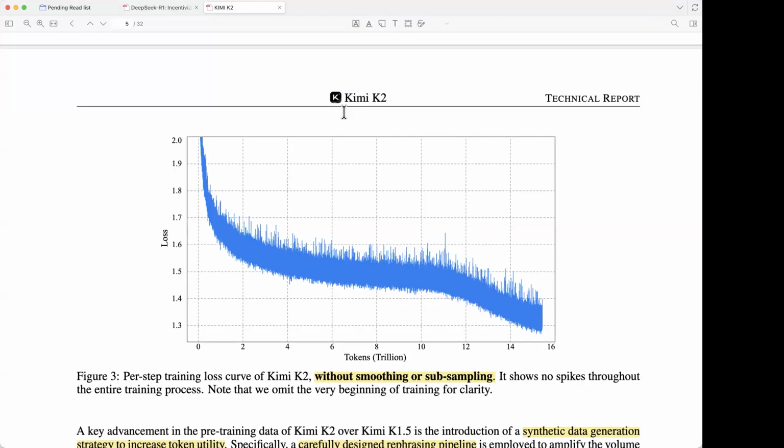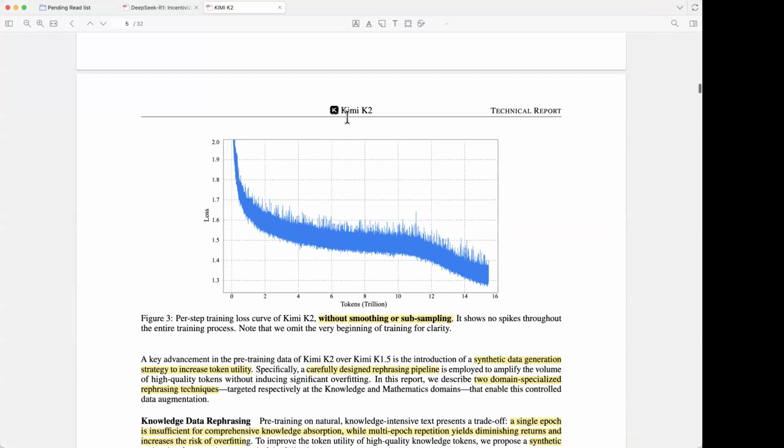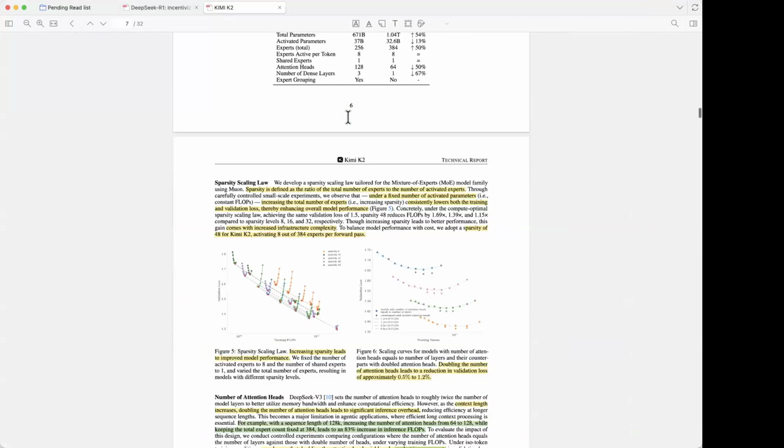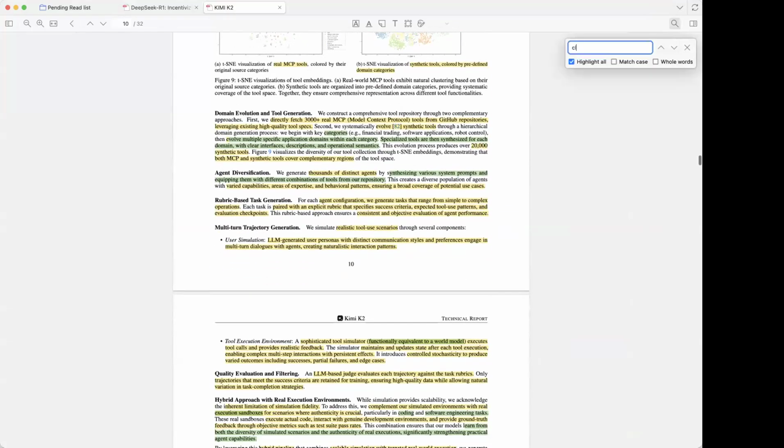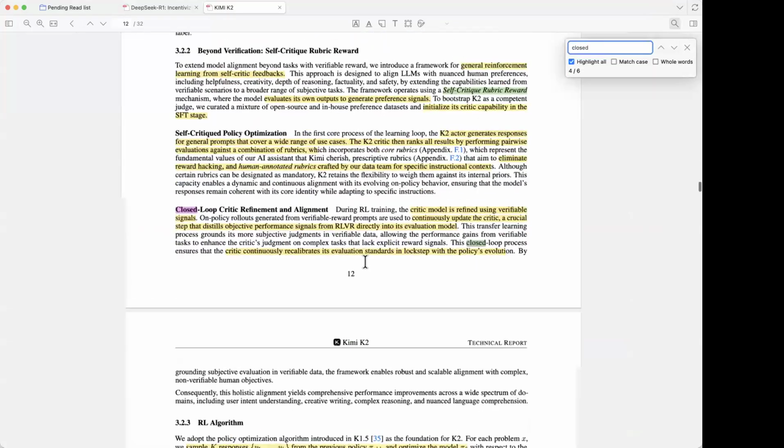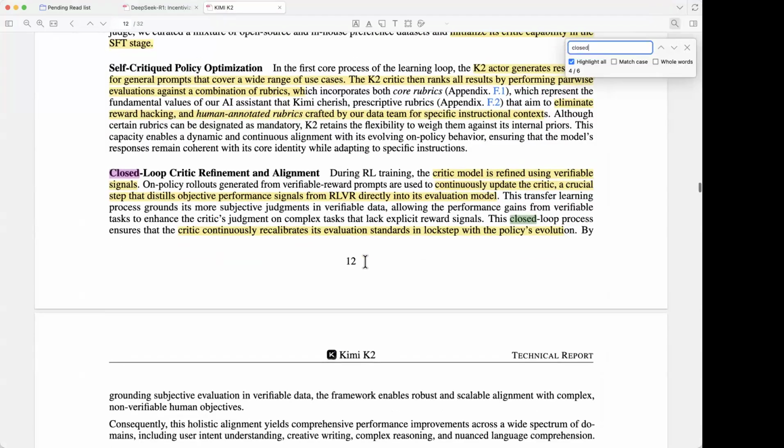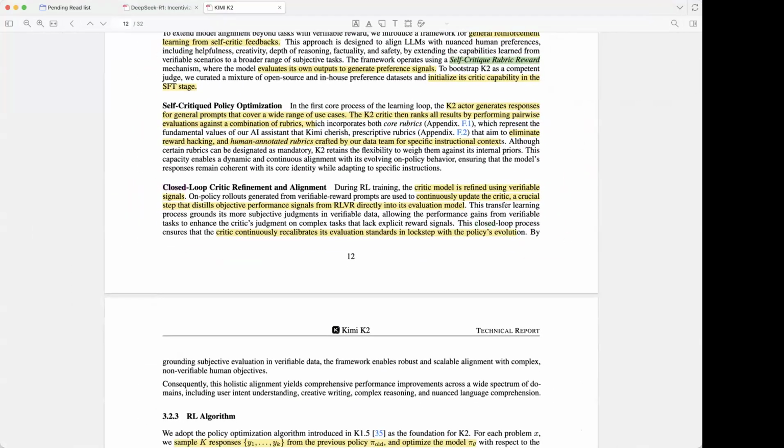Yeah, just with the comment from Eugene on that paragraph on the self-critique closed loop. I'm wondering, how does it learn from subjective rewards, right? Does it have to do with the fact that they're critiquing on the verifiable signals?